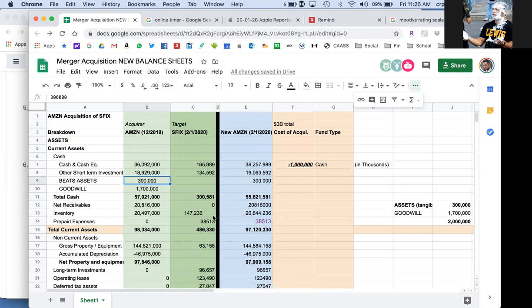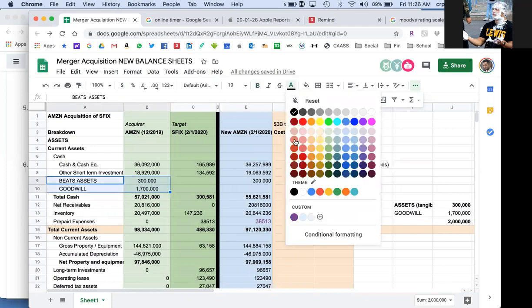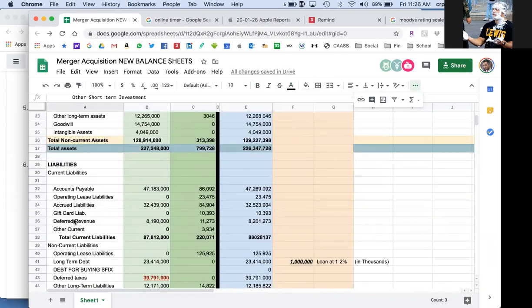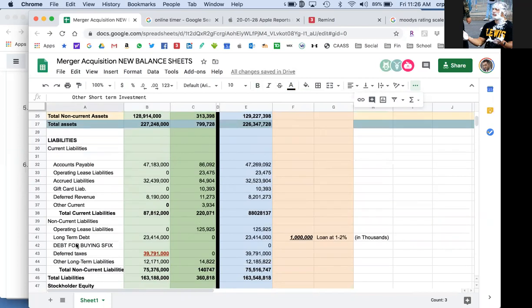Okay? Now here's the issue though. This information for Beats, it's under assets, but it also would have to fall under liabilities because you just spent $2 billion in purchasing the company. You just spent that money.